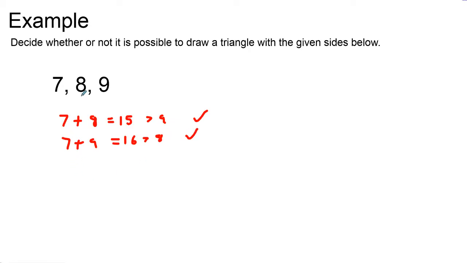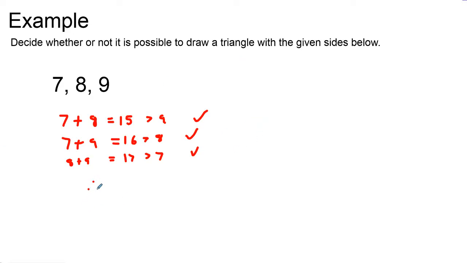So there's another true statement that I can say. And then the last pairing, I would do 8 and 9 together. So 8 plus 9 is equal to 17, which is definitely greater than 7. And since I can make those three statements, I can say that 7, 8, and 9 can in fact create a triangle.